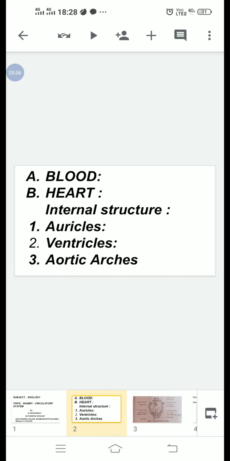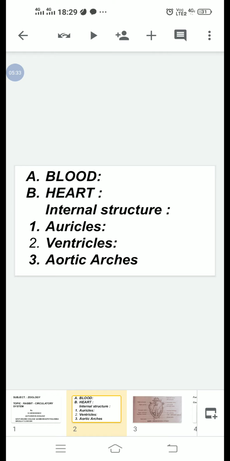The two layers are separated by a narrow pericardial cavity which is filled with pericardial fluid.